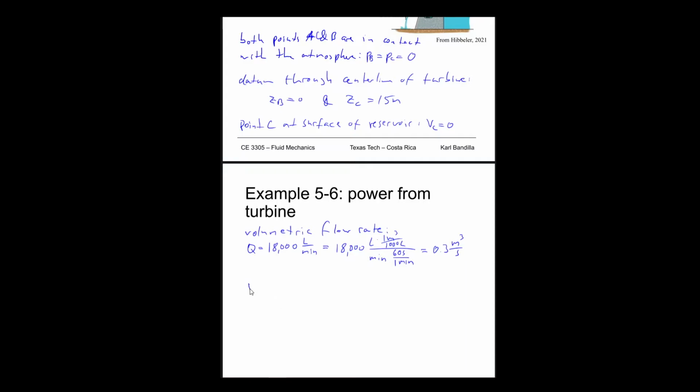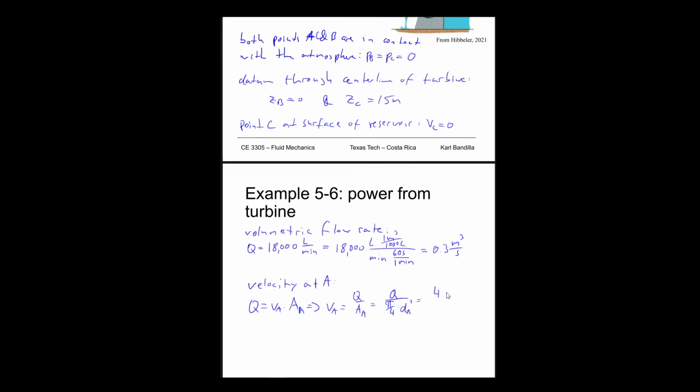So then we can say velocity at point A. At A, we know that Q is equal to VA times AA. So from that we can find that VA is of course just going to be Q over AA. Q we're given, the area we can find by doing pi over 4 times dA squared.